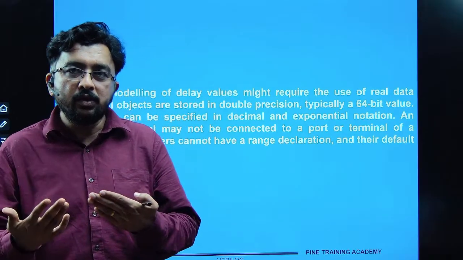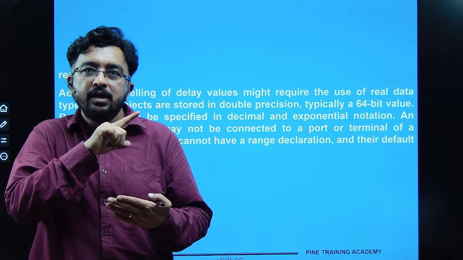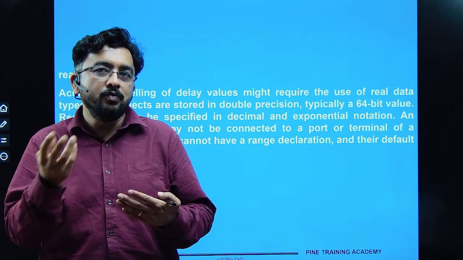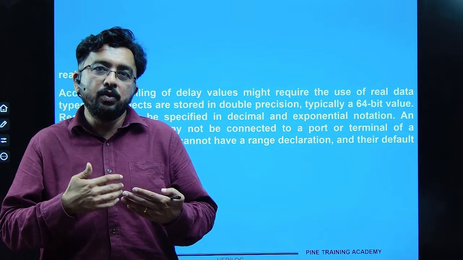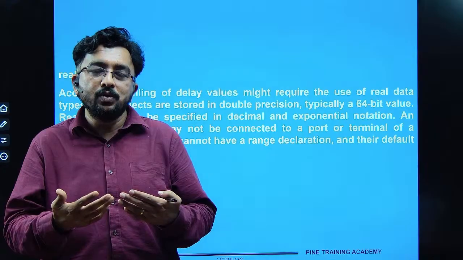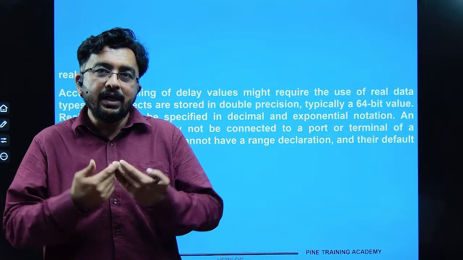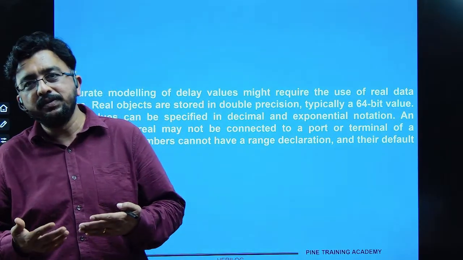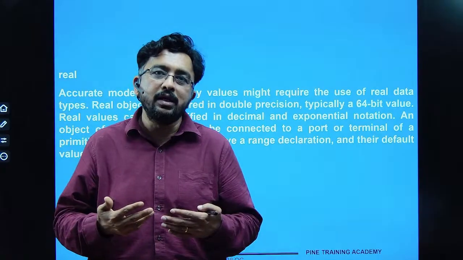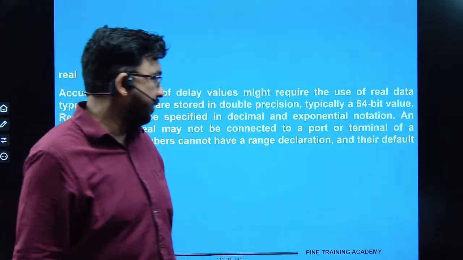If you just recall, the reg connects with the output and wire connects with the input. In that case also, this real is not connected with any input and output. It is something like an intermediate signal which helps you in calculating the delay.